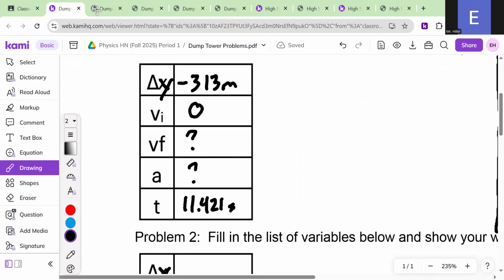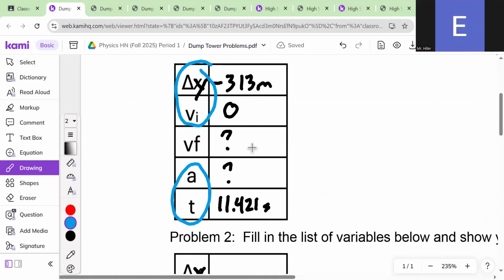The way we're going to do that is split our problem into 2 parts. The way we can find the acceleration first is if we focus on an equation that has displacement, initial velocity, acceleration, and time. Pause the video for a second and see if you can find that equation.